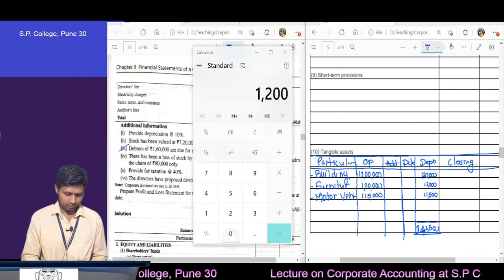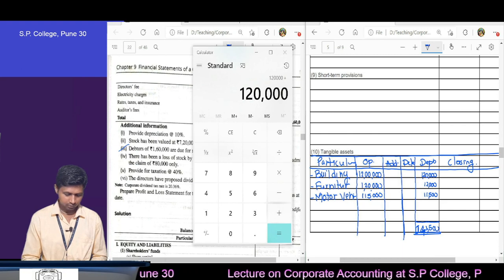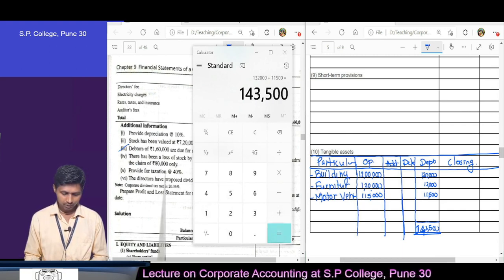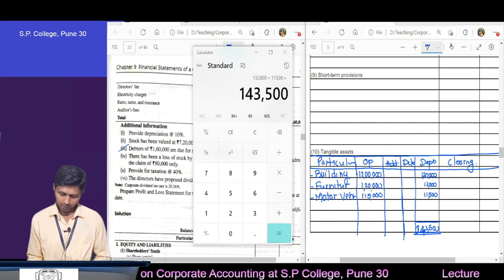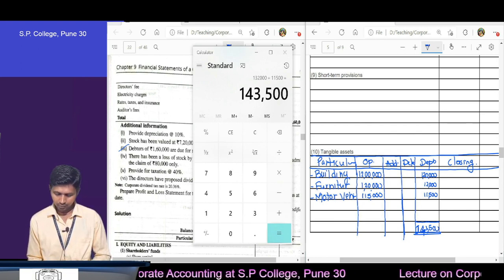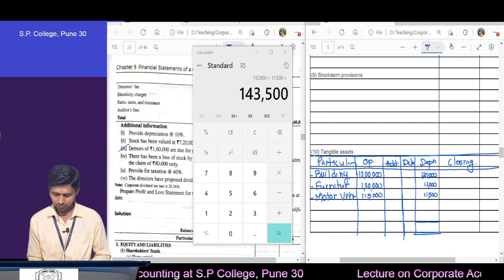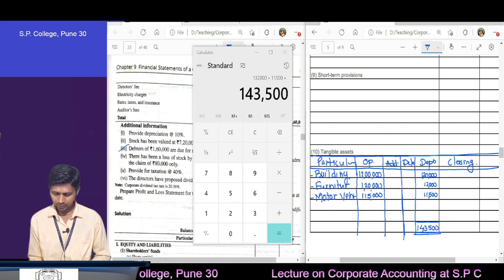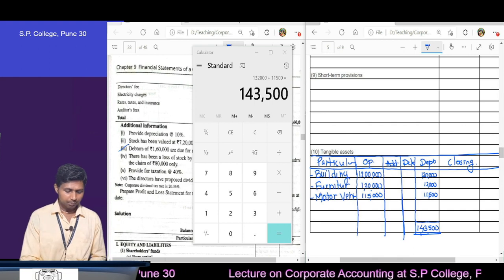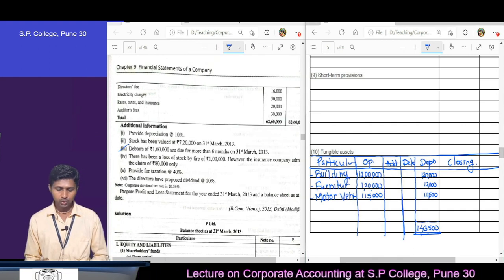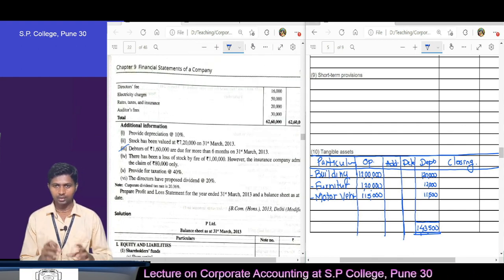Yes, 1,43,500. Instead of writing depreciation individually, you can write the total there.